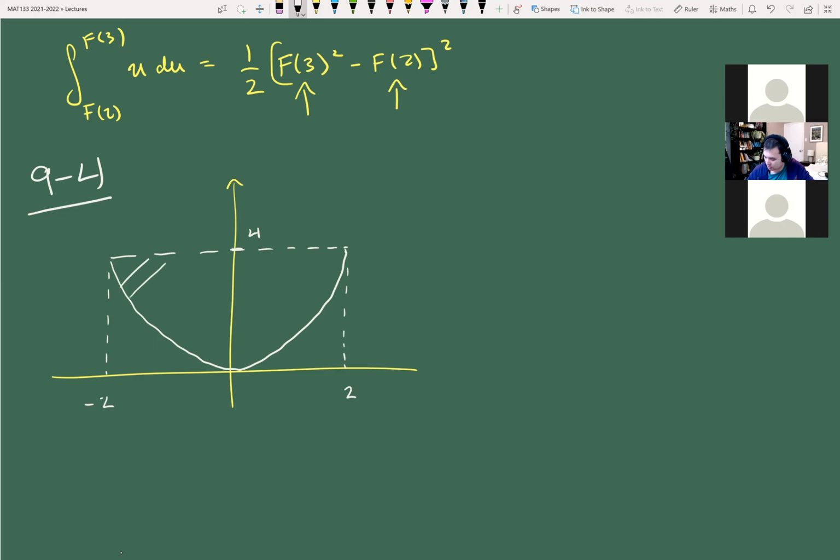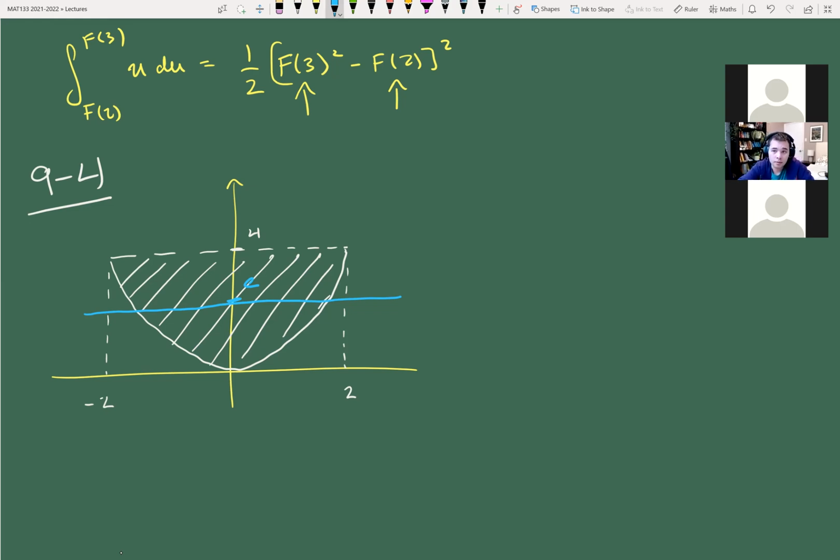Okay, so that's this region right here. So the question is, what we want to do is find the point c such that if I draw this line across, then I get an equal amount of area above the blue line and an equal amount of area beneath the blue line. Okay, so that's our goal.